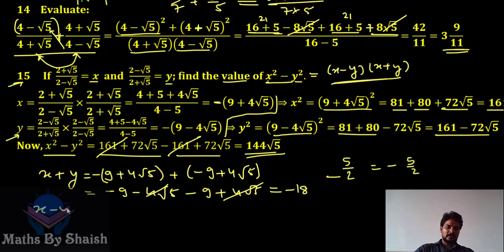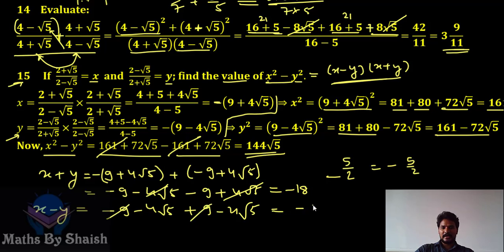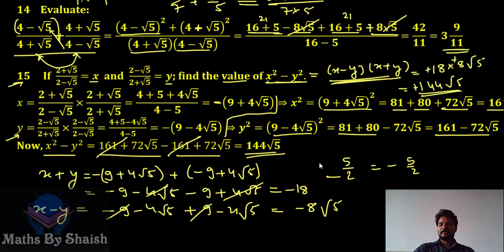And similarly we can calculate x minus y, that is minus 9 minus 4 root 5, and minus of this will be plus, so it becomes plus 9 minus 4 root 5. So these two got cancelled and we got minus 8 root 5. So if we find x square minus y square by this identity, we can simply multiply minus 18 into 8 root 5. In that way we don't have to do the square, and 18 8s are 144, so minus would be cancelled, so 144 root 5 would be the answer.